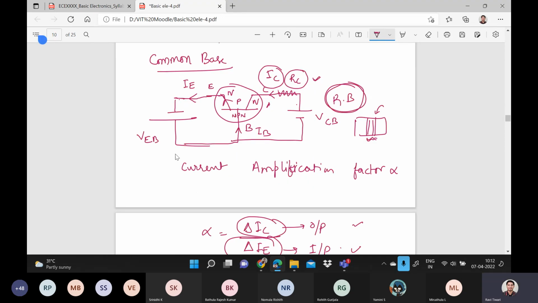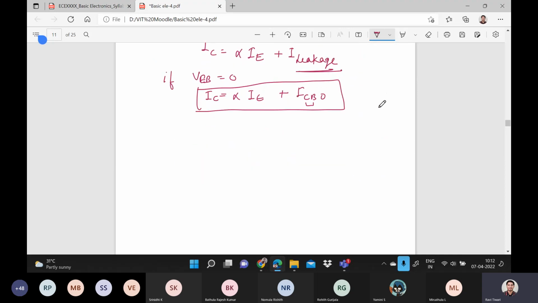When the emitter, that means the input, is open, we are not providing any input, even though there is a leakage current because of this reverse bias. Once again, when I'm drawing like this, this is one terminal and I'm saying the input is open circuited, but because we have two terminals and the second terminal is reverse biased, the current flows because of minority carriers. That is called the leakage current.